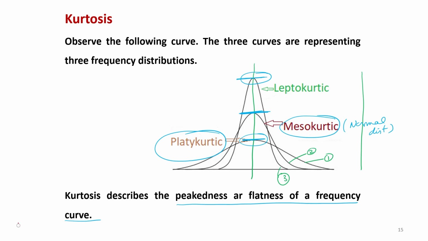Now, if I compare curve number 2 and 3, curve number 3 has the hump here and the normal distribution, curve number 2, has the hump here. If this hump or kurtosis is more than the kurtosis of the normal distribution, that is mesokurtic, then it is called leptokurtic. So, the kurtosis of the normal distribution is mesokurtic, less than this is platykurtic, and more than the mesokurtic is leptokurtic. This is what we have to keep in mind, right.